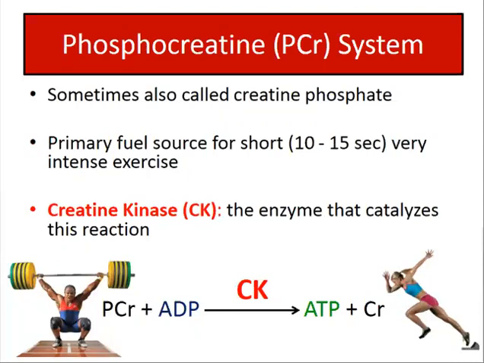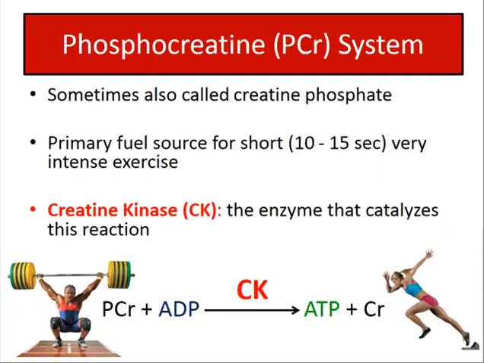Phosphokeratin, also known as creatine phosphate, is a phosphate group attached to a creatine molecule. This system is a source of rapid energy, and phosphokeratin can anaerobically donate a phosphate group to ADP to form ATP during the first few seconds following an intense effort, for example, sprinting or weightlifting.